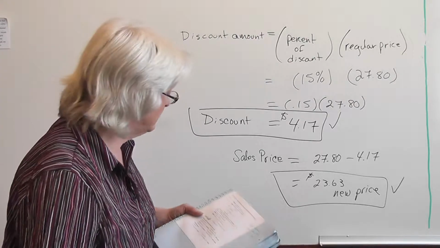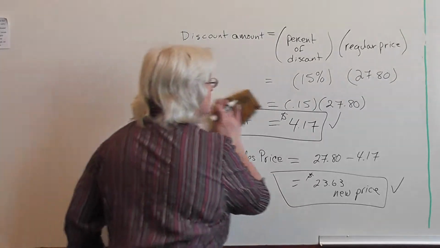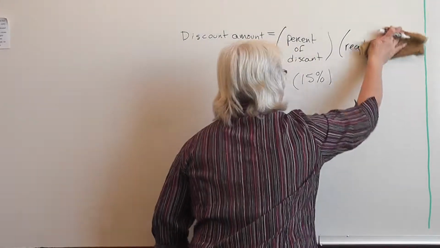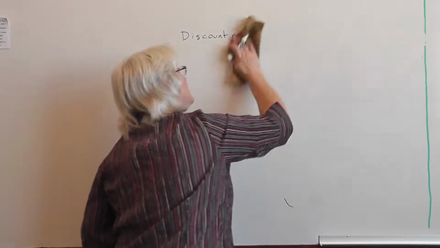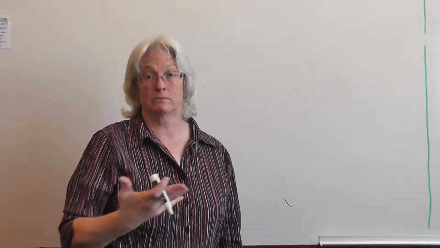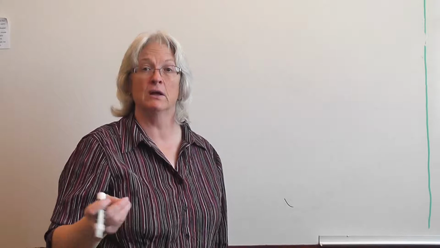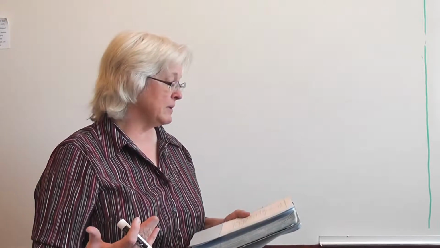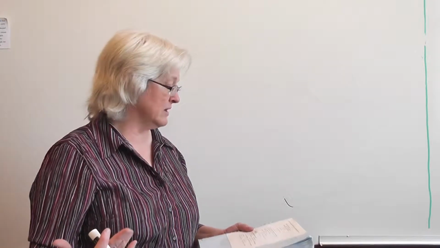This is called commission, and some of you are aware of what commission is. Commission is the amount of money that is paid to a salesman, saleslady, or salesperson as compensation for making the sale. And this is always going to be a percentage of the total sales.